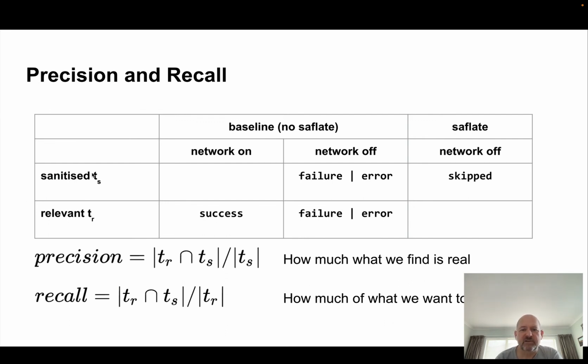And then we sanitize, and with sanitization we look for tests that fail or result in error when the network is off, but at the moment we sanitize them, the state transitions into skip. And then based on this, we look into how much of what we find is real, that's this precision ratio, and recall, how much of what we want to find do we actually find, that is recall.